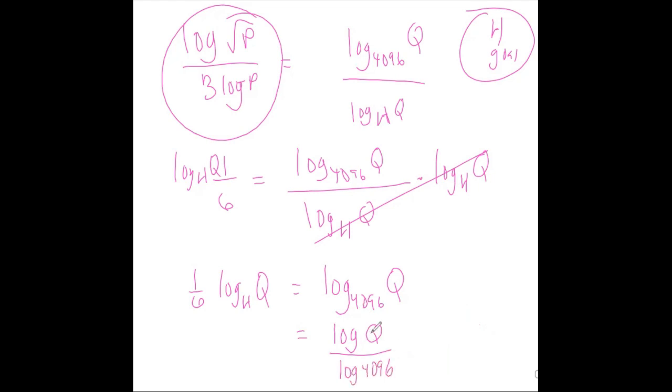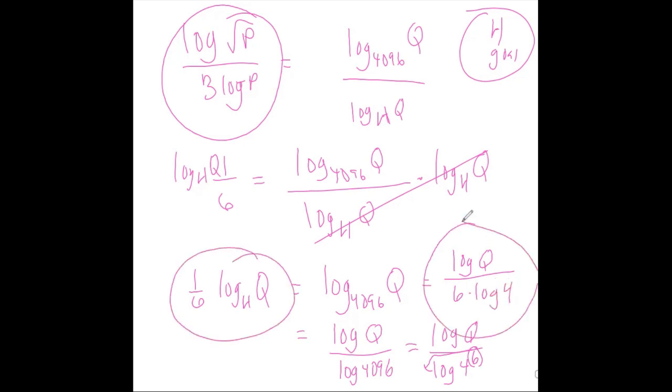We can separate it into two separate logs like that. And this equals log q over log, now instead of 4096, let's rewrite this as 4 to the power of 6. And I want to take that 6 and move it down here. So this equals log q over 6 times log 4. And I want you to see that this is equal to that.